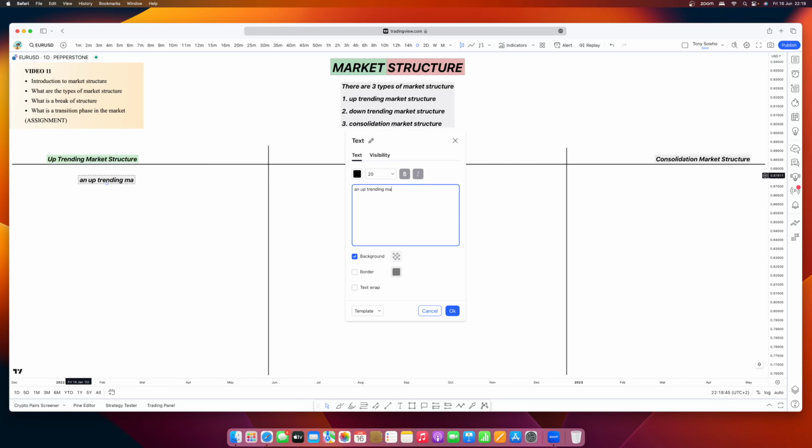An uptrending market structure occurs when price continues to create a new high and new low.